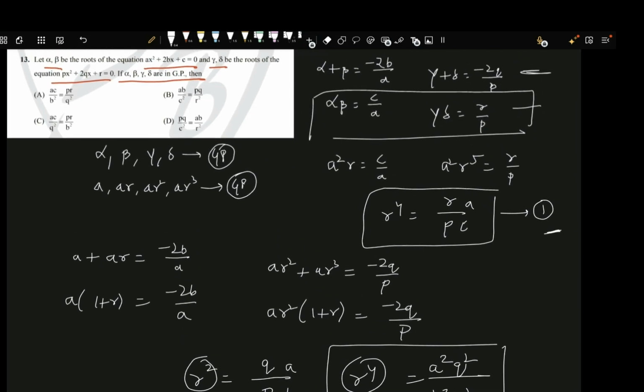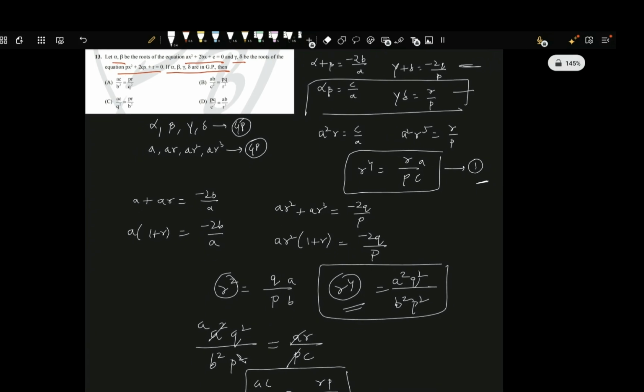Let's check the option. ac upon b square is equal to pr upon q square. So basically that's the answer. Answer A.